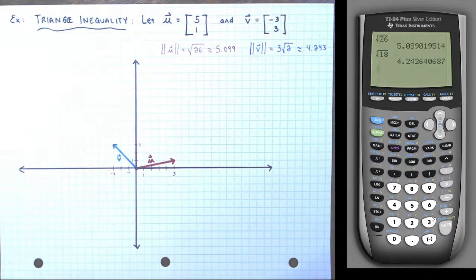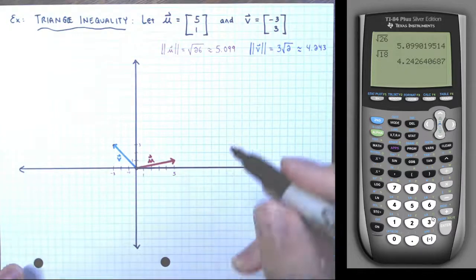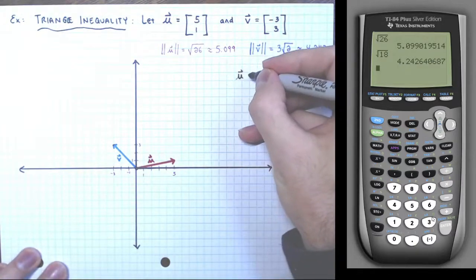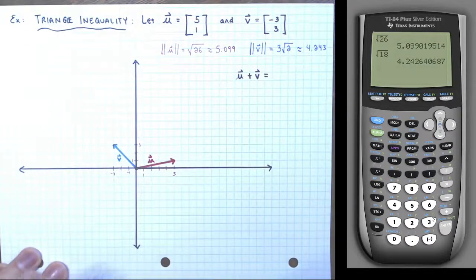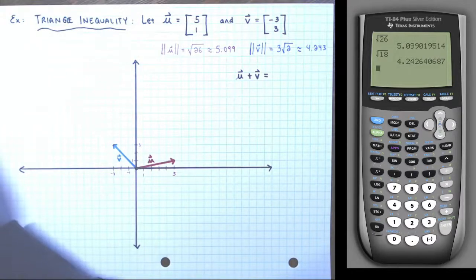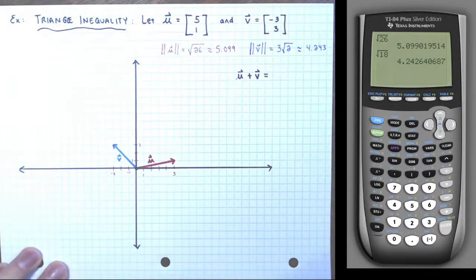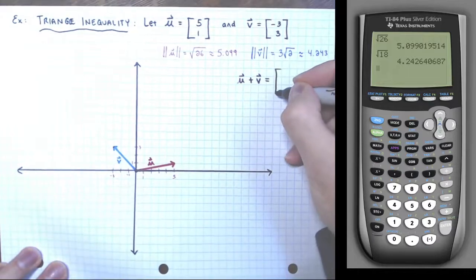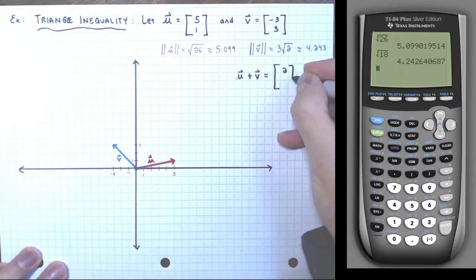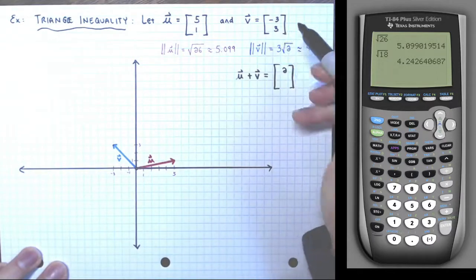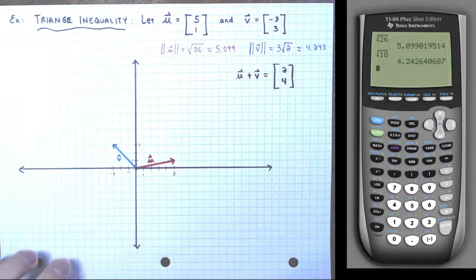Now let's take a look at u plus v, their sum. I'm using the standard definition of vector addition, where I just add the corresponding components. So u plus v: 5 plus negative 3 is positive 2, and 1 plus 3 is 4. So u plus v is the vector (2, 4). Now I will draw that also as a position vector.